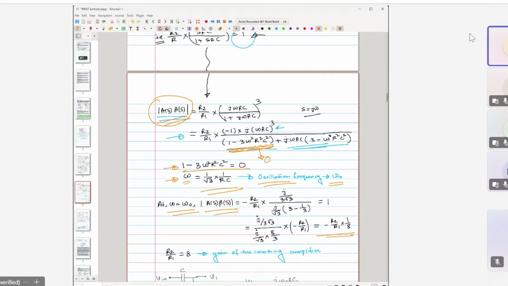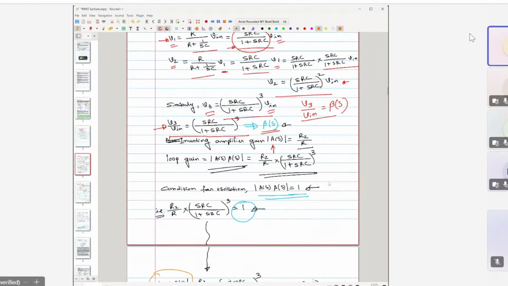This gives out this expression that mod of A S into beta S turns out to be R2 by R1 into 1 by 8. Okay. Now we already know from this Barkhausen criteria that this part has to be equal to 1. So that means this term has to be equal to 1. So you have to choose the value of R2 and R. I think I have to be careful here.